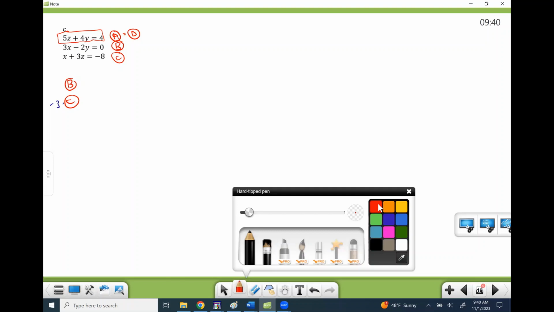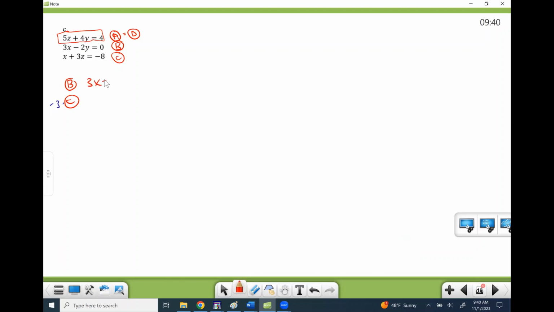So B, I'm just going to copy as is. 3x minus 2y. And I'm going to leave a little space where the z should go, so everything's lined up. Now, negative 3 times x is negative 3x. There is no y, and negative 3 times 3 would be negative 9. And negative 3 times negative 8 would be 24.